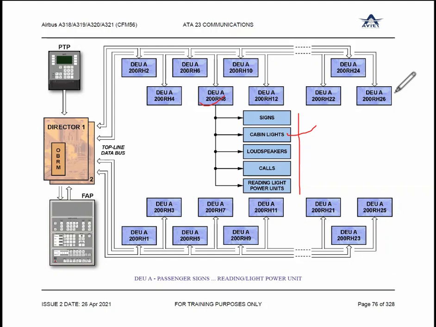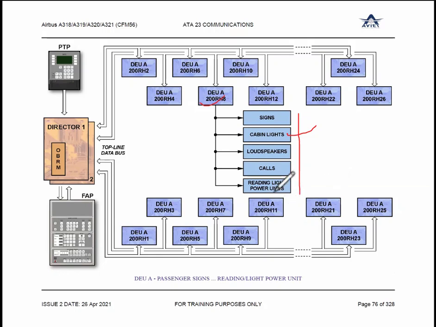Correct? The window lights are there and ceiling lights are there. So each DUA, decoder encoder unit alpha, is controlling the four tube lights. So that light control is also done by decoder encoder unit A.